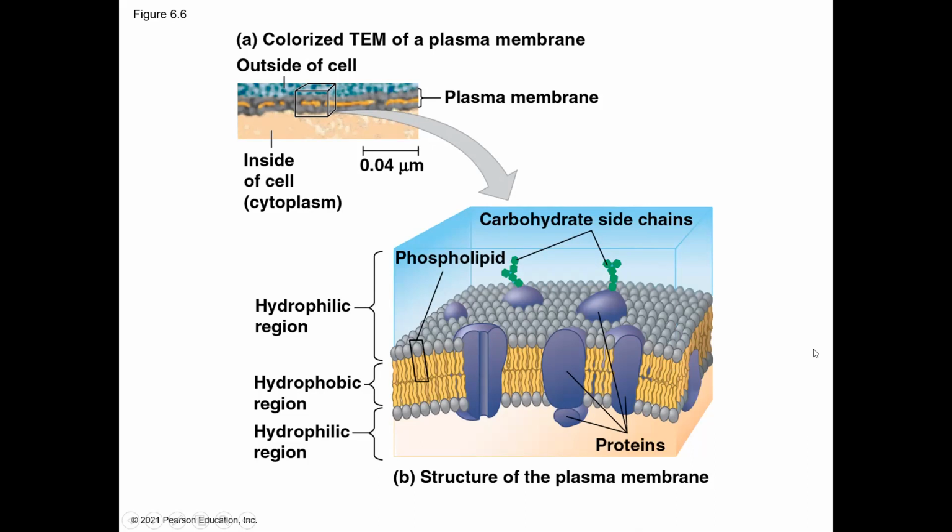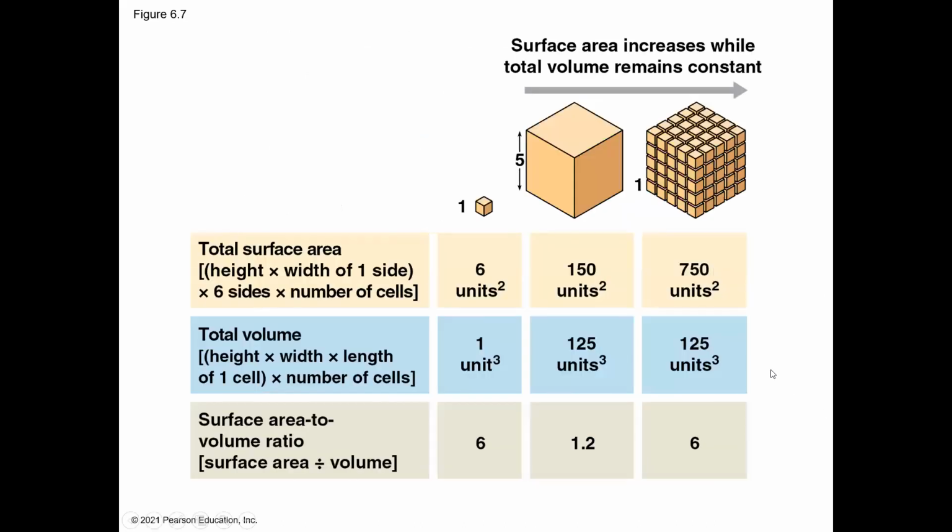The plasma membrane is filled with proteins that are necessary to do all the chemical reactions and communications needed between cells. Once again, we're going to cover plasma membranes in depth in chapter 7.